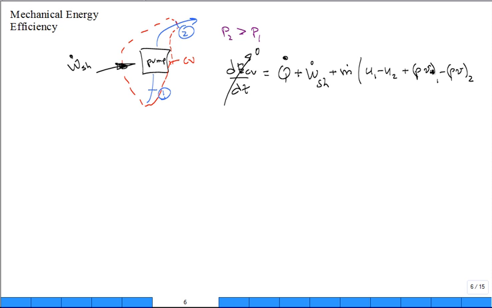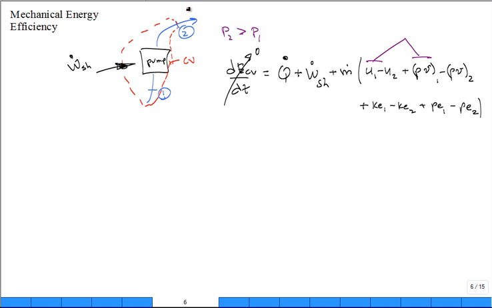So that's really a change in enthalpy, because U plus PV is enthalpy. Then we're going to have plus the kinetic energy on the inlet minus kinetic energy on the outlet, plus the potential energy on the inlet minus the potential energy on the outlet. Because I could, but I just busted it out into these terms.